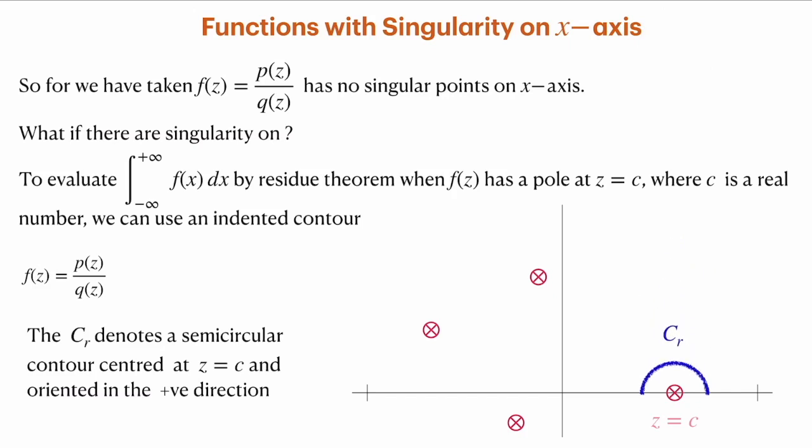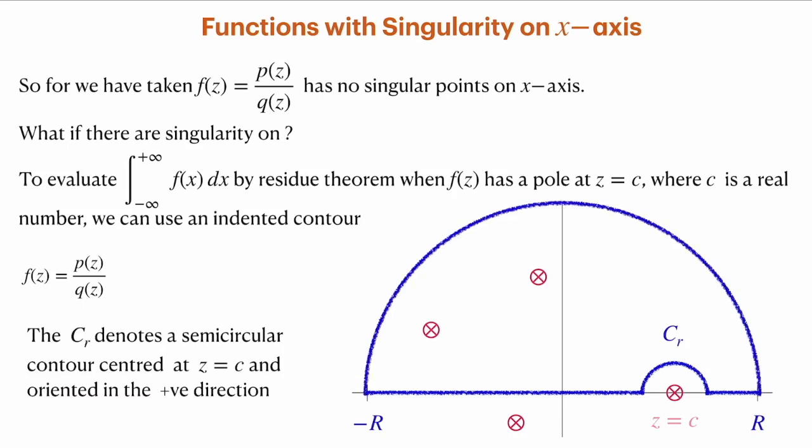That is, we cover up this singularity on the real axis using a semicircular contour C_r with radius r and origin at z = c, and then we proceed by taking the integral from minus R all the way till the contour, then use the circular arc to avoid this singular point, and then come back to the real axis and continue with the value of the integral. So this is essentially the technique of the indented contour.